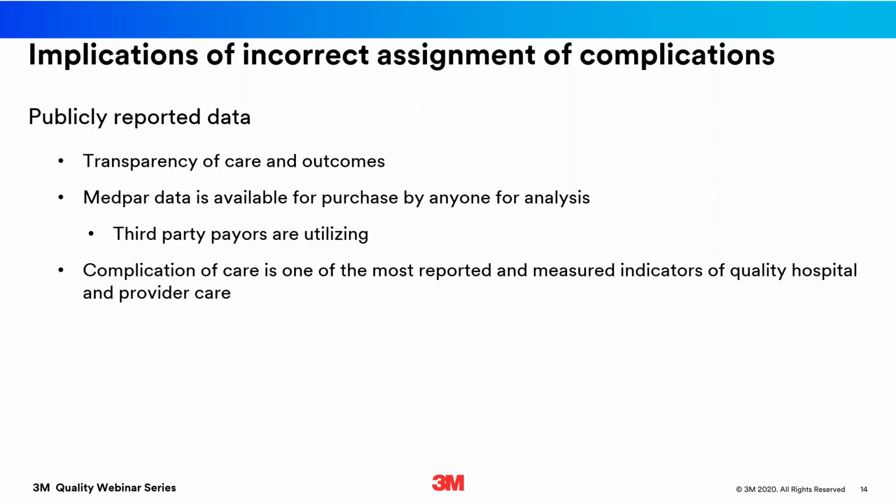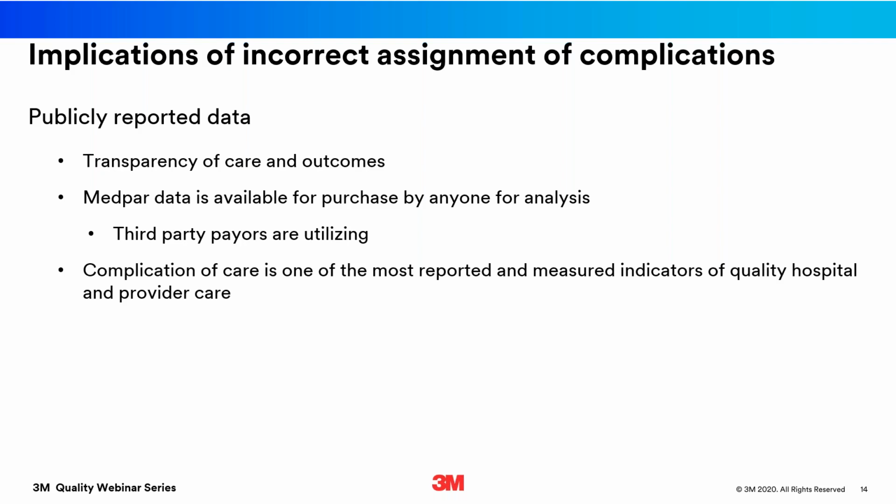Do realize that all of our claims data is filtered into a giant system called MedPAR data for our Medicare patients, but there's also the HCUP, which is the commercial payer files, and again, anybody can purchase those data sets and use them to analyze our complication rates. We know very clearly that third-party payers are using those.